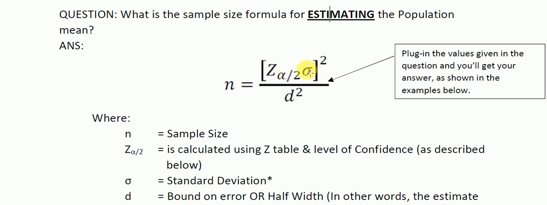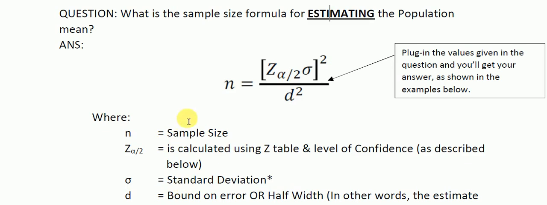Then we have sigma. Sigma denotes the standard deviation. The question will say that we have such and such standard deviation, and you'll simply plug in the value of that standard deviation into this formula to get an answer. Then there's a whole square, and then it's divided by d square. So what's d?